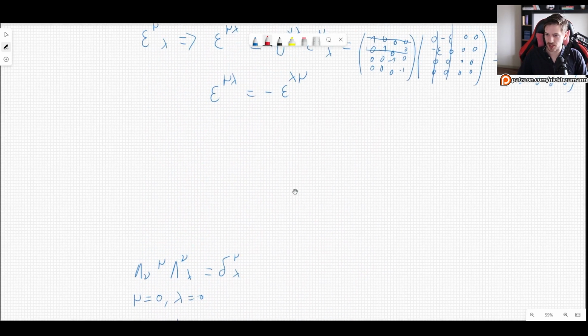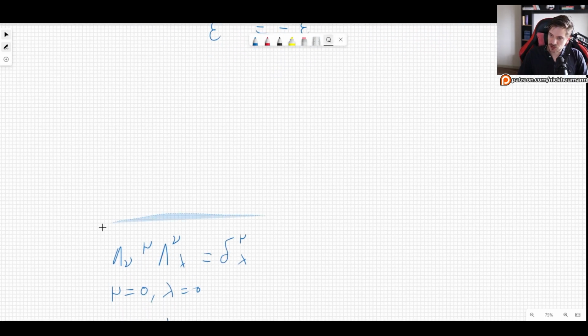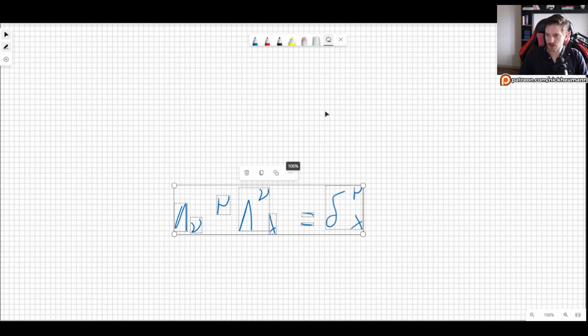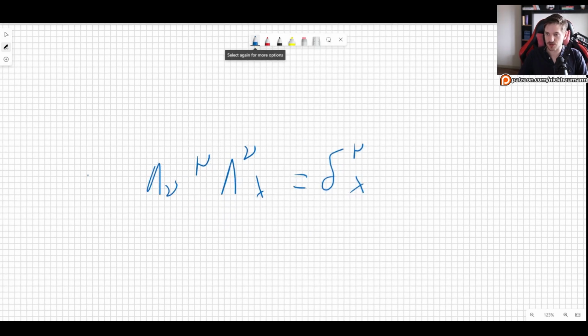Now, another important thing, which we can actually also derive from here, is going to be the determinant. So what is the determinant of these matrices? Well, let's see. Let's take the determinant of this equation. So the determinant of this is equal to the determinant of this.